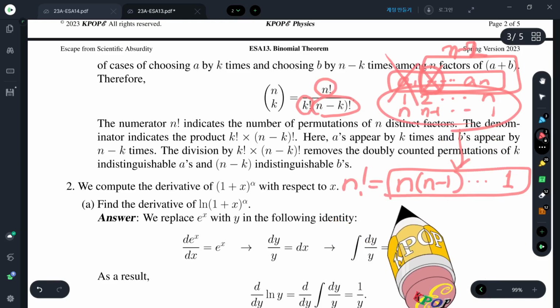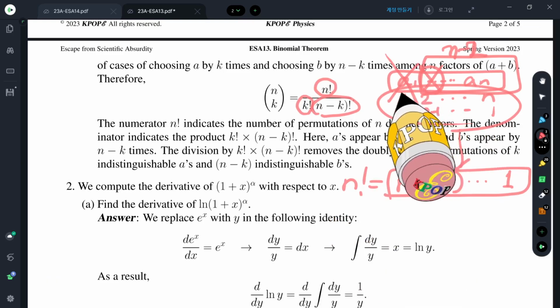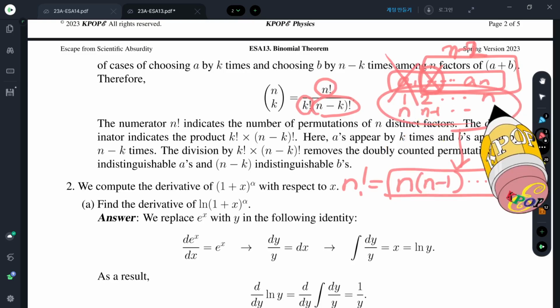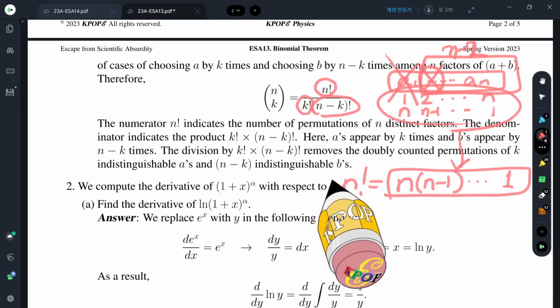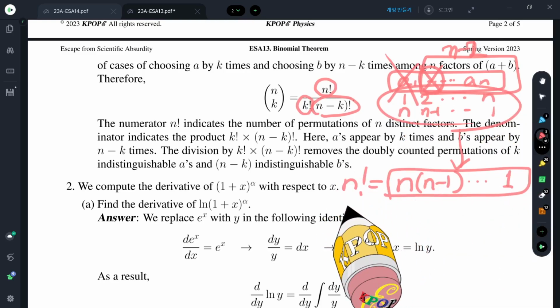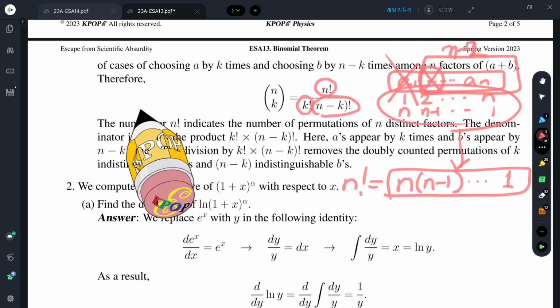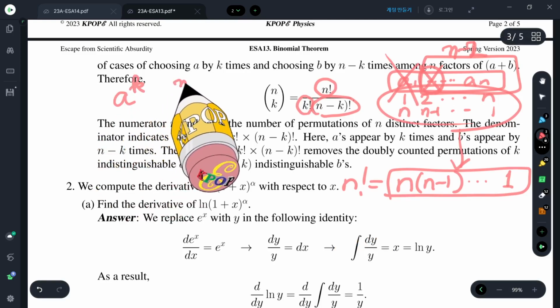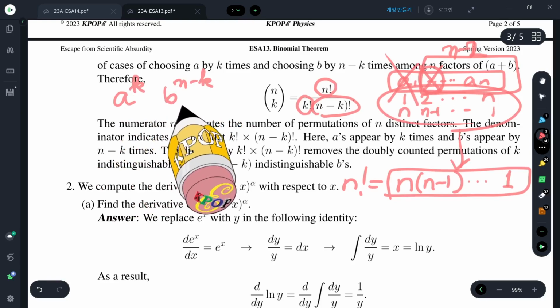If I choose n distinct elements in order, this is called the number of permutations. However, I have chosen n factors, but among n factors, there are k A's and n minus k B's.